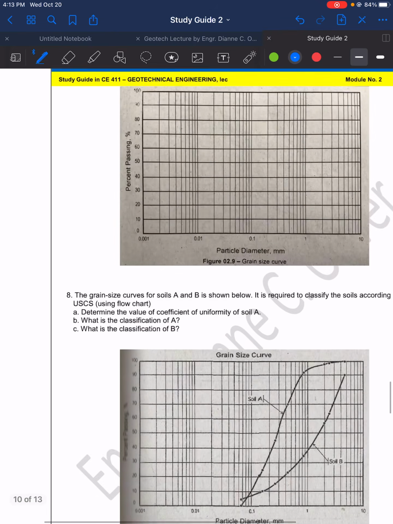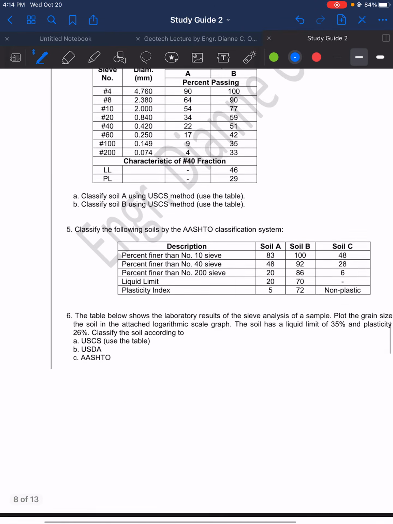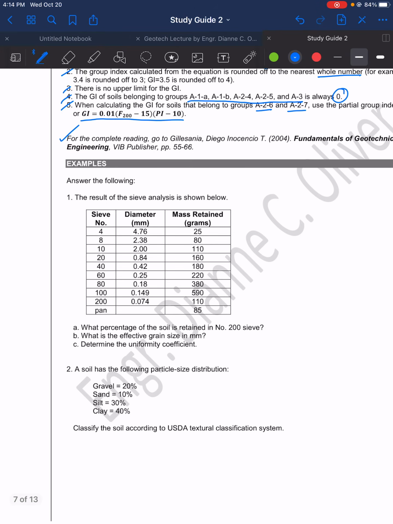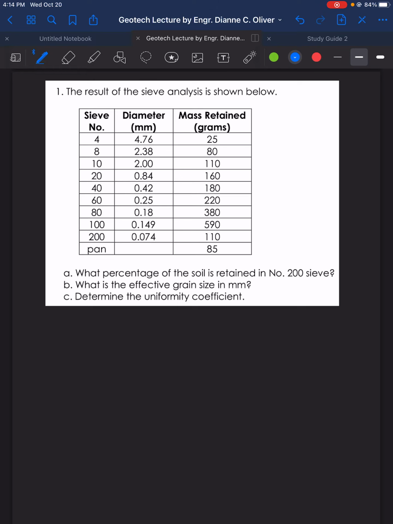Okay, so we have 8 examples, and we will divide this video into 2, part 1 and part 2. For number 1, the result of the sieve analysis is shown below. So we find here the sieve number, the diameter of the sieve, the spaces, the mesh. And then we have here the mass retained.